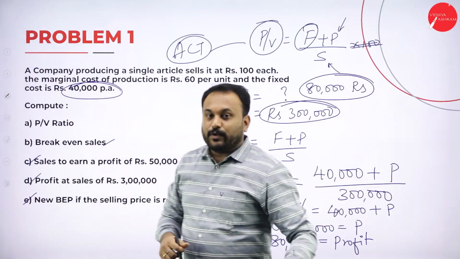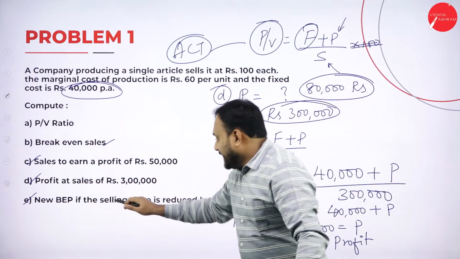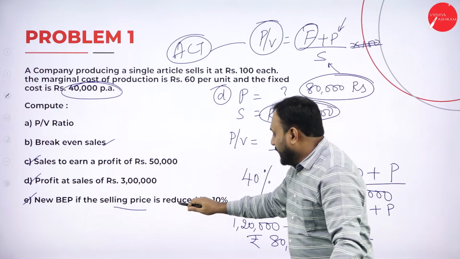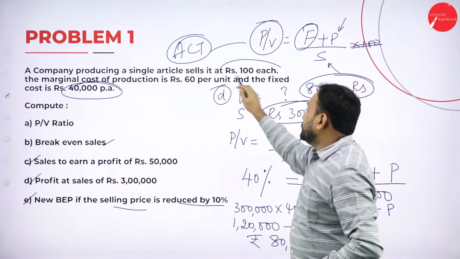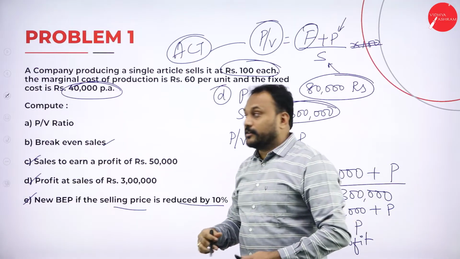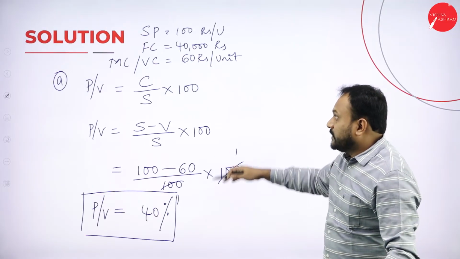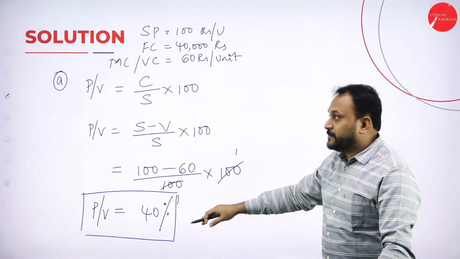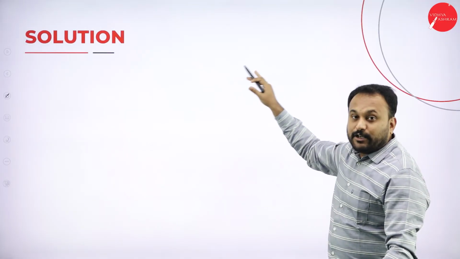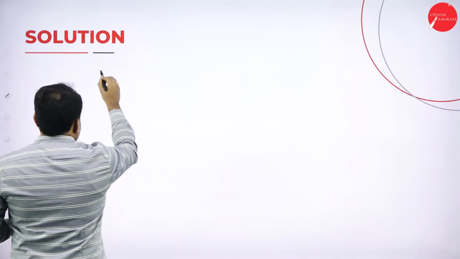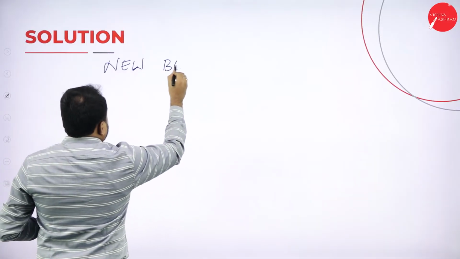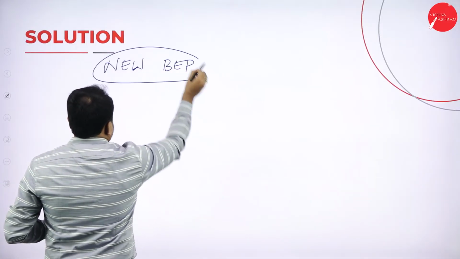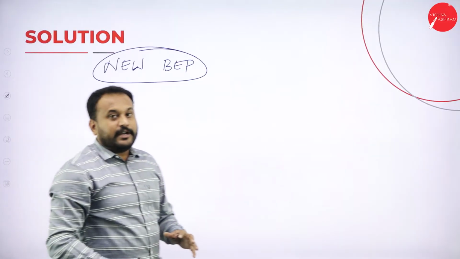Now for that, what we should do is, if the selling price is reduced by 10%, what is the selling price here? 100 rupees. I'll show you the working note. Now please understand, we solved the PV ratio. After that, the last one is BEP. Now, the new BEP. How to find the new BEP?